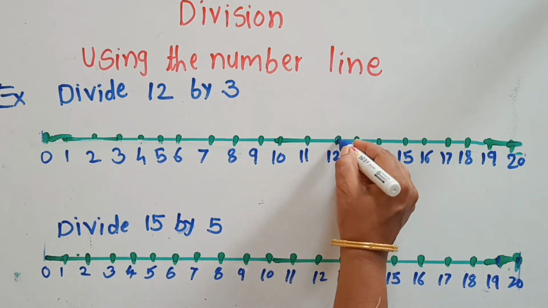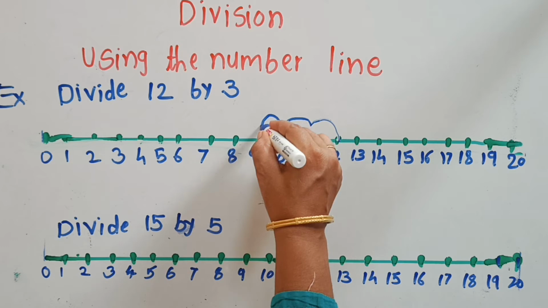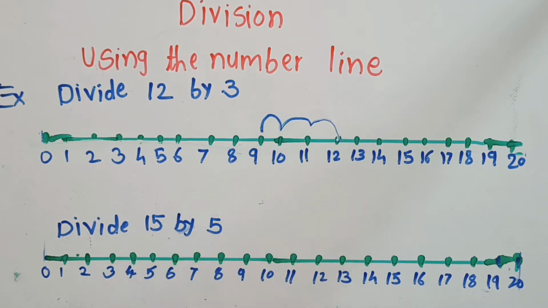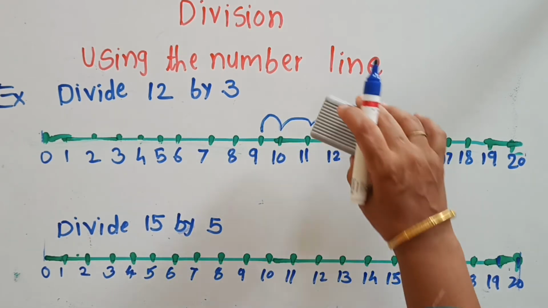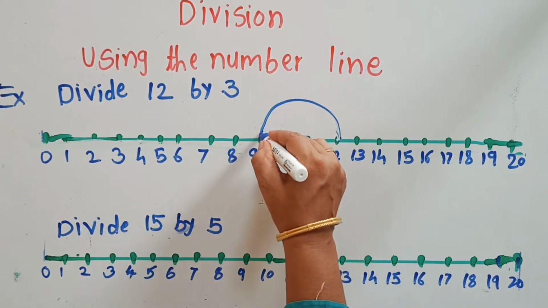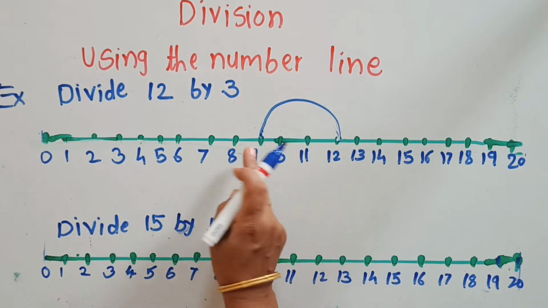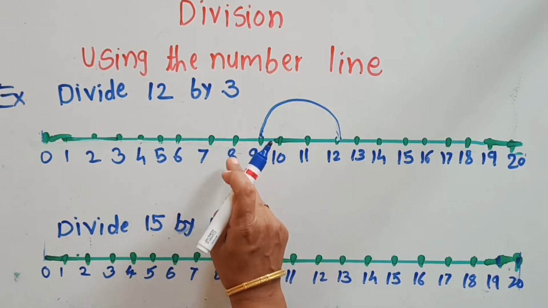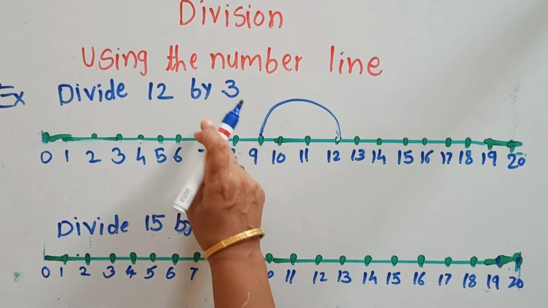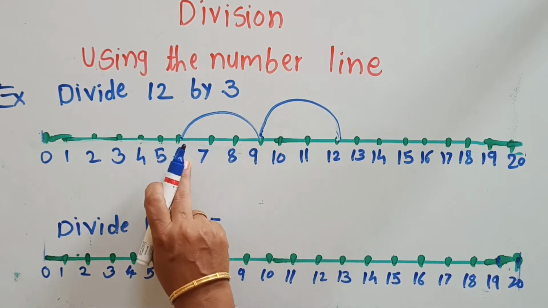Start from 12, see 1, 2 and 3, and we reach 9. So 3 steps means from 12 to 9. This is 1 step. Then again 3 steps: 1, 2 and 3, and we are here near 6.